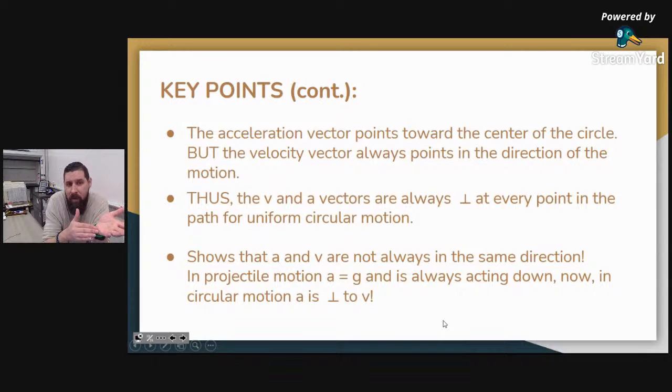So the individual velocities and acceleration do not have to be in the same direction, but the vector sum or change in velocity and acceleration are always in the same direction. So please don't get those things mixed up. Okay? There is a difference between the individual components of velocity and the vector sum or change in those velocities and the way that they have a relationship with acceleration.